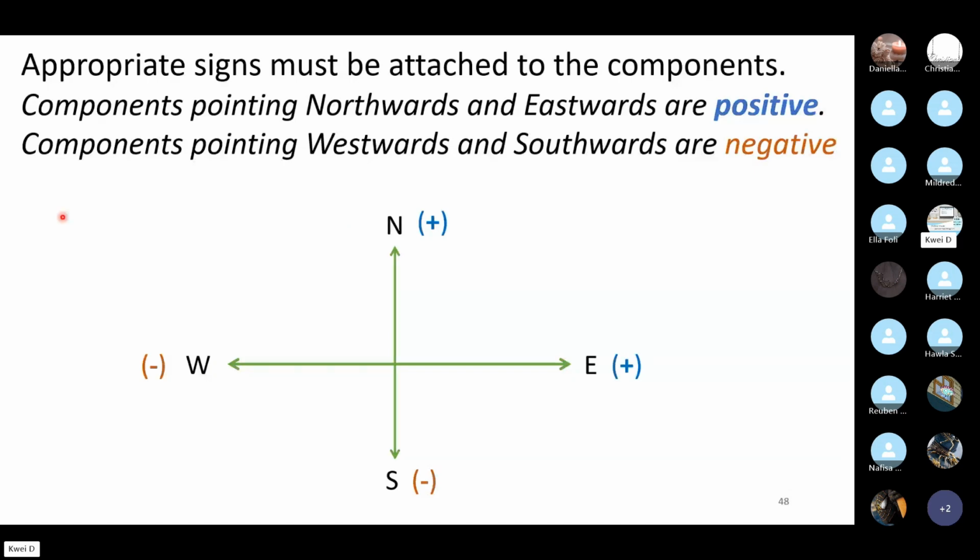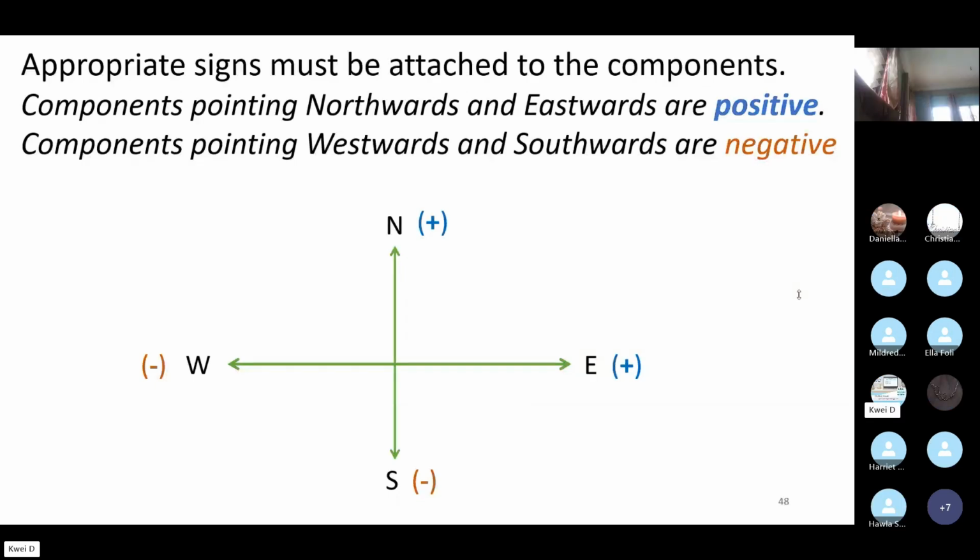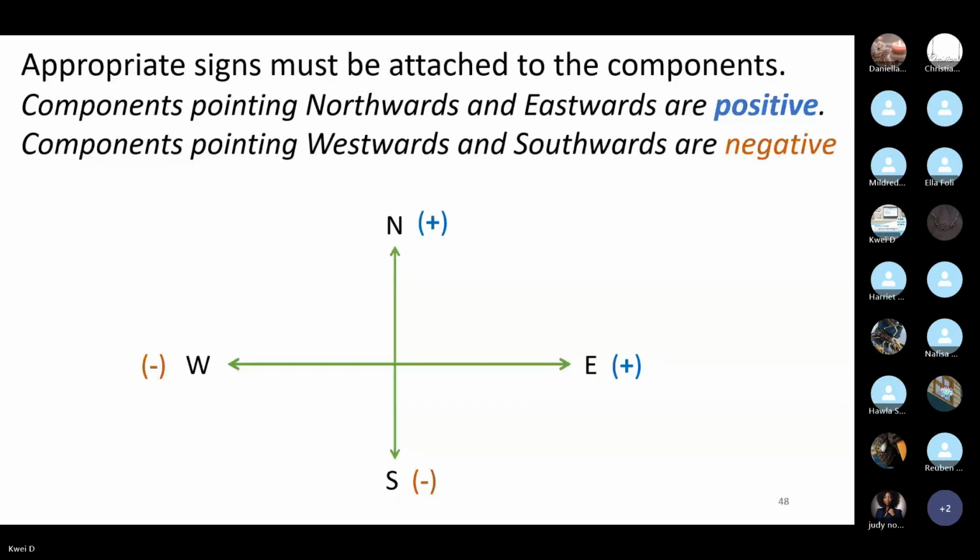Before we close, note that appropriate signs must be attached to the components. Anytime you are resolving components, you have to attach the appropriate signs to them. By convention, components pointing northwards or eastwards are positive, and components pointing westward or southward are negative.